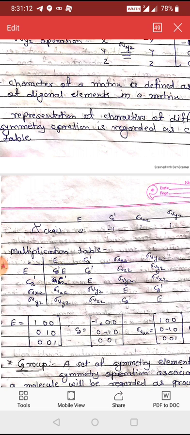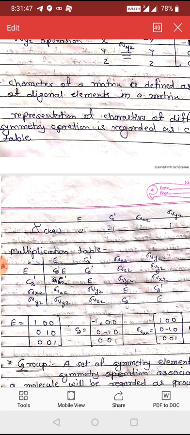In the sigma xz operation, you carry out the operation in the xz plane. What will change? There is a change in the y coordinate. As the reflection is carried out in the xz plane, there is a change in the y coordinate.